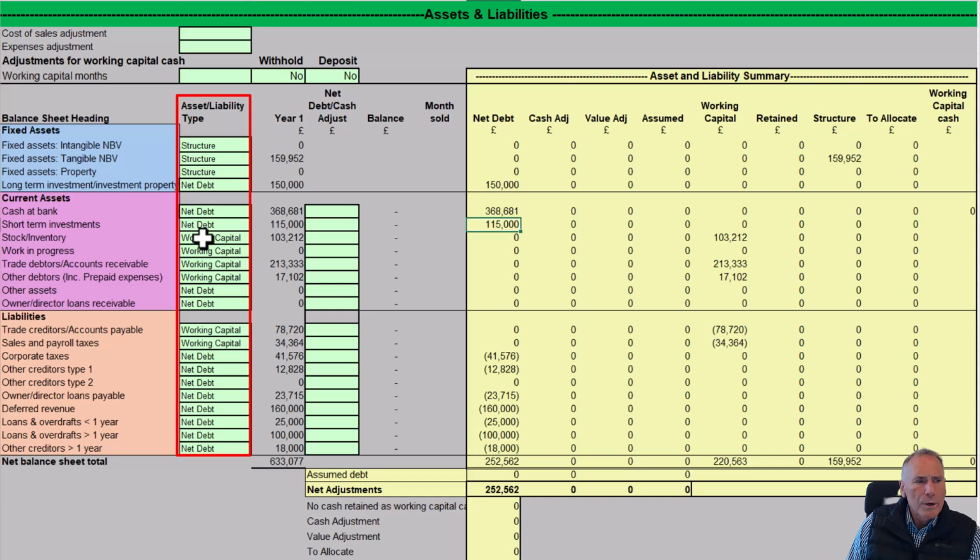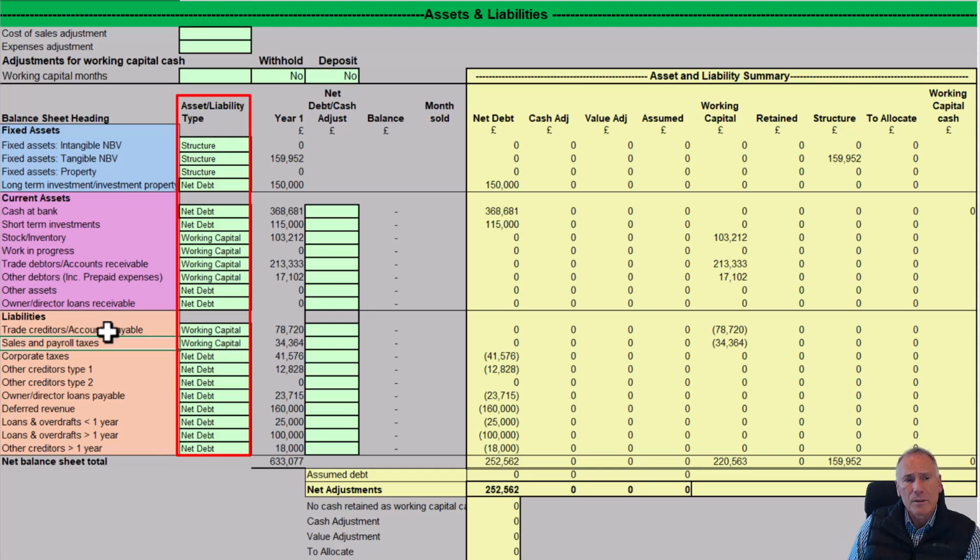Then we have what I would class as working capital. So things like your stock, work in progress, trade debtors or accounts receivable, possibly other debtors. It depends upon the other debtors and those types of things. Similarly, in liabilities, we also have working capital: trade creditors or accounts payable. Sales and payroll taxes would be classed as working capital.